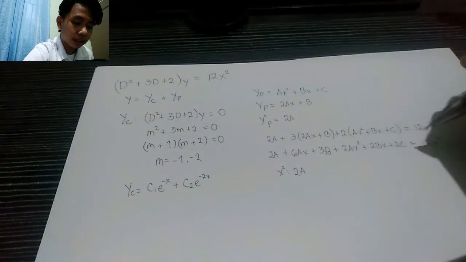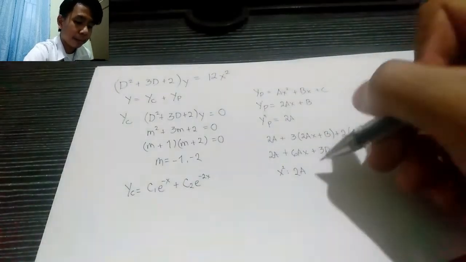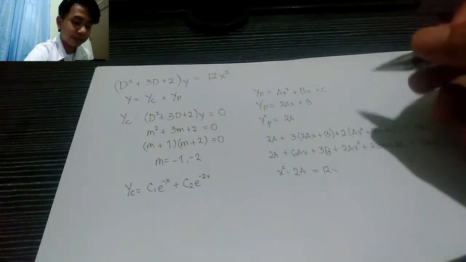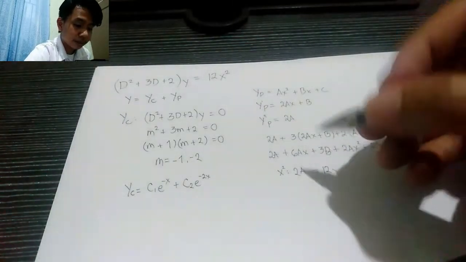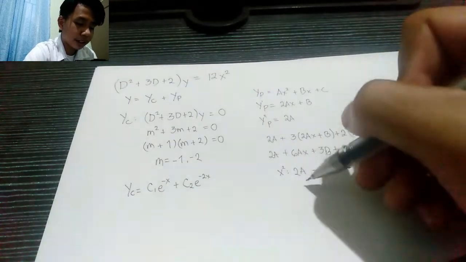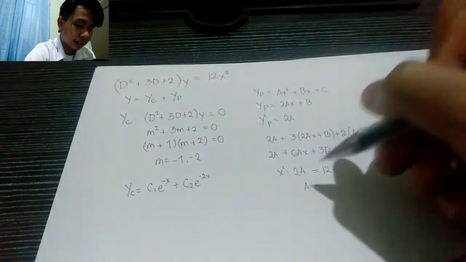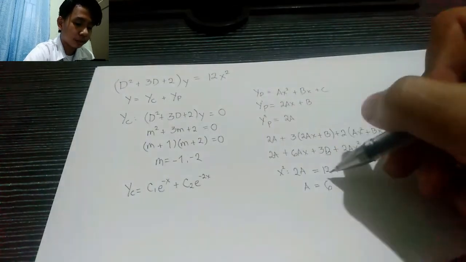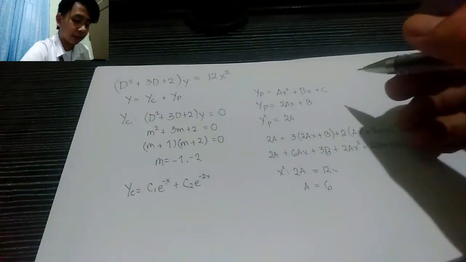Dito, wala dito. Dito, x squared. Equals siya sa 12. Then, dyan, makukuha natin yung value ng a. Divide by 2 both sides, so ang a natin ay 6.